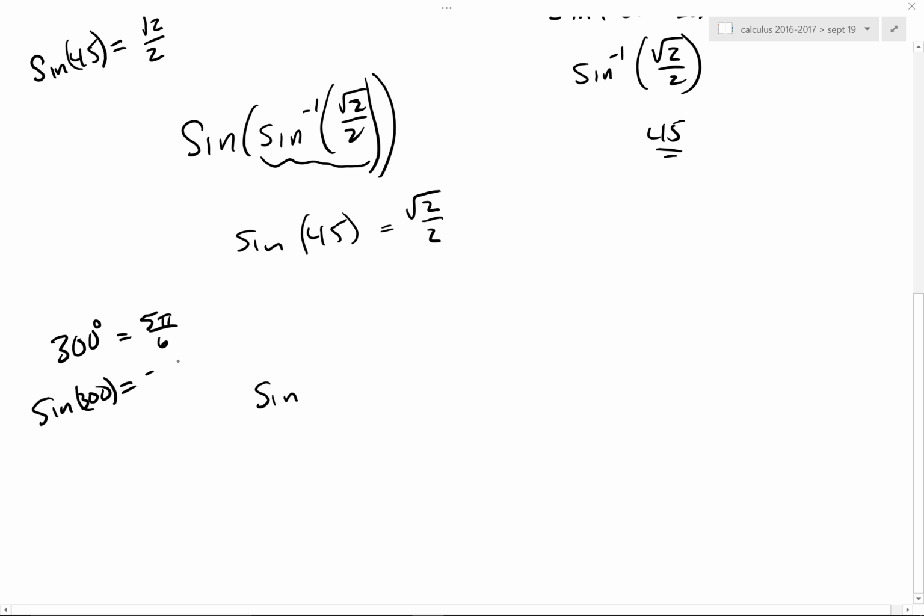It's a pi over 6 angle. No, it's pi over 3. Yeah, I was right the first time. Square root of 3 over 2. So if I said to her, do this, please, Betsy will do the following. She will look at this and go, oh, I know what this angle is. This angle is negative 60 degrees.